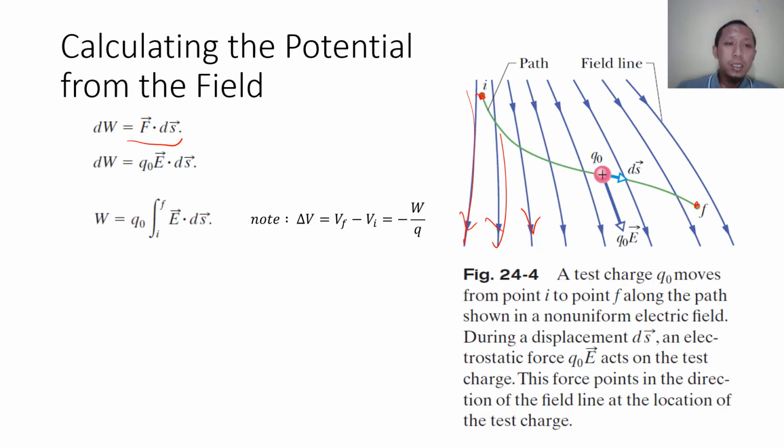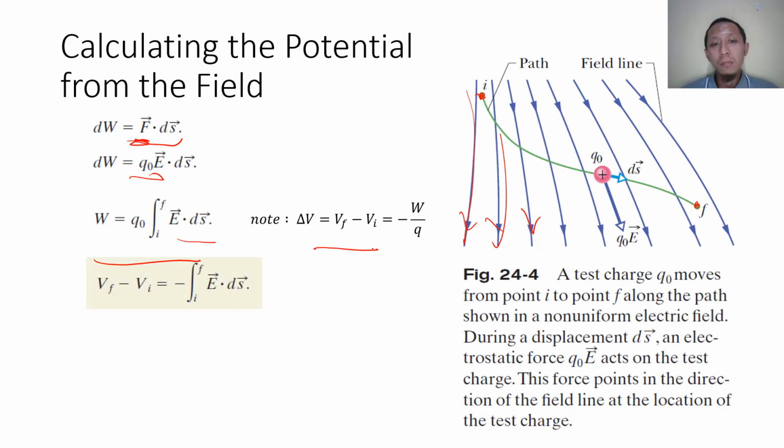So dW, we can put F as q0 E dot ds. If we integrate this equation, we get W is q0, it is constant, times the integral from i to f of E dot ds. And we note that delta V is Vf minus Vi, which is minus W per q0. So Vf minus Vi is equal to minus the integral from i to f of E dot ds.